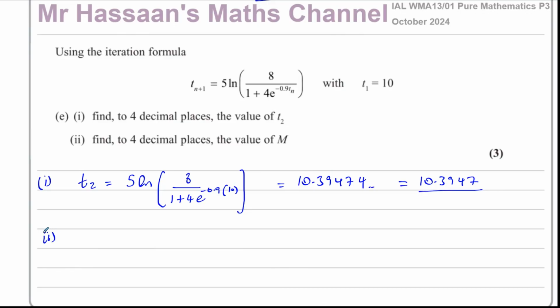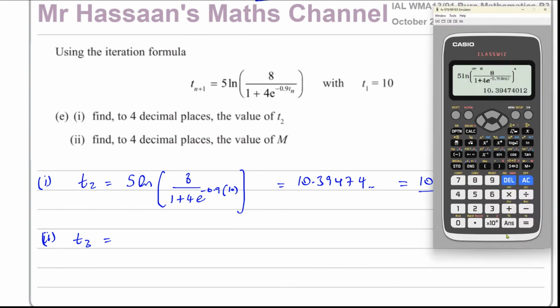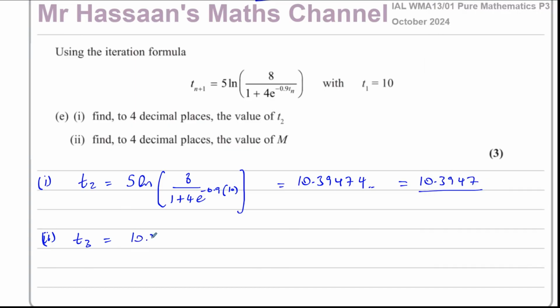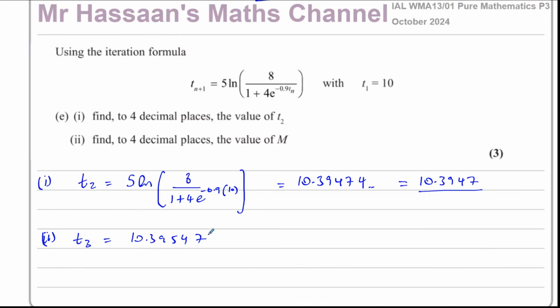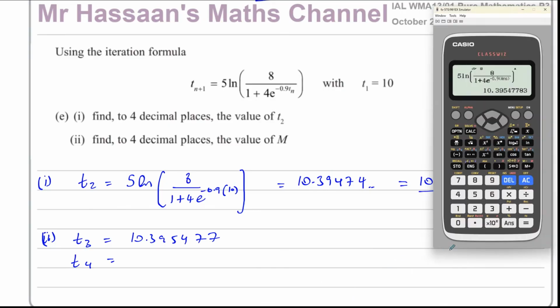Now for part 2, we've got to find what T3 is. So all I need to do now is just continue putting that value in. If I press equals again, that will give me the next value, 10.39547, and it continues a couple more. For T4, I'm not going to round it until I've got to the answer at the end.